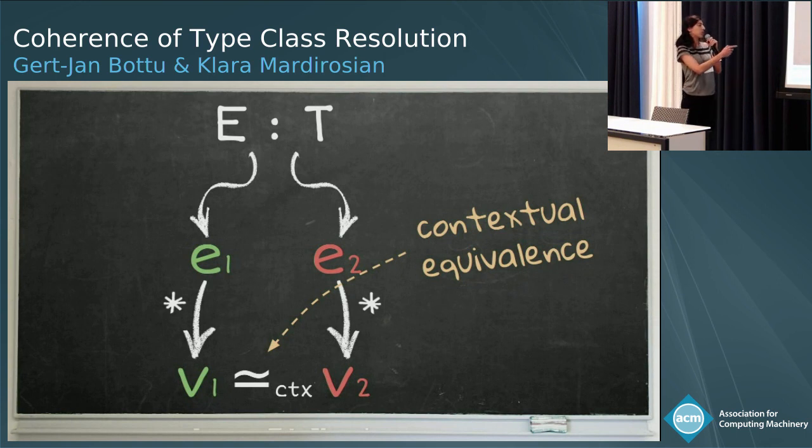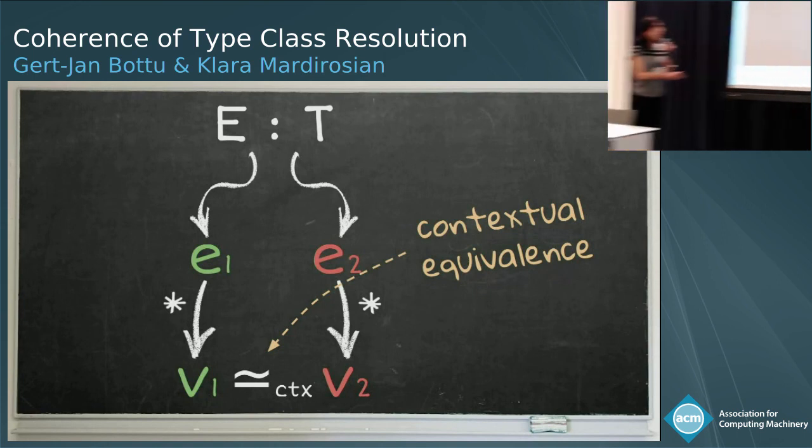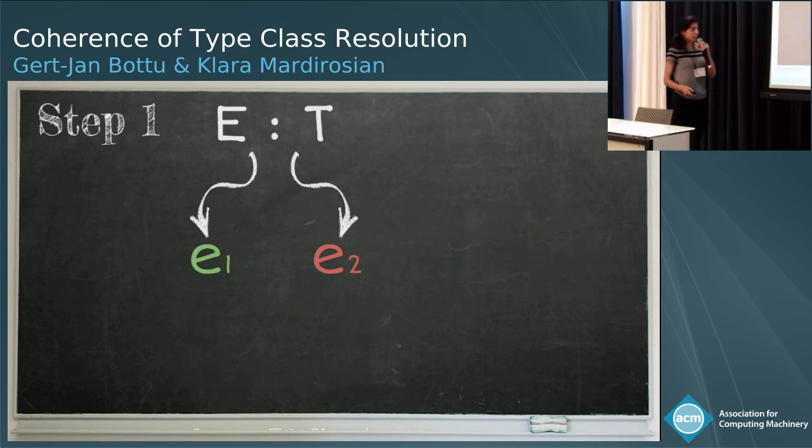So maybe we can use logical relations here to break this part of the proof into 2 steps. Hang on, how would this work? Well, as a first step, we have to show that any 2 intermediate expressions that result as a translation of the same source expression must be related.